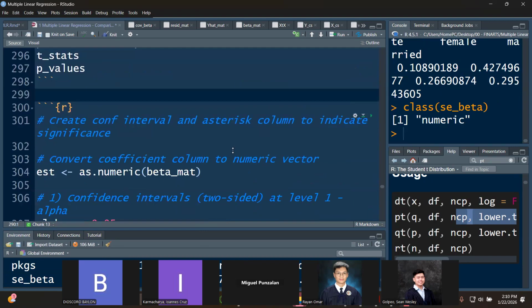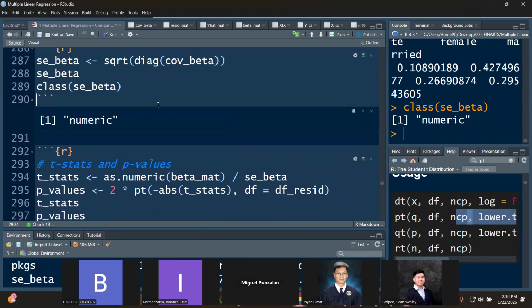Okay, this is just a vector, class. Your beta mat, class, is matrix. Okay, so what do we do? How do we compute for the t-stats? We have to convert our beta mat into numeric so that we can divide it by SE beta, which is numeric. So this will now take care, class, of your SE.